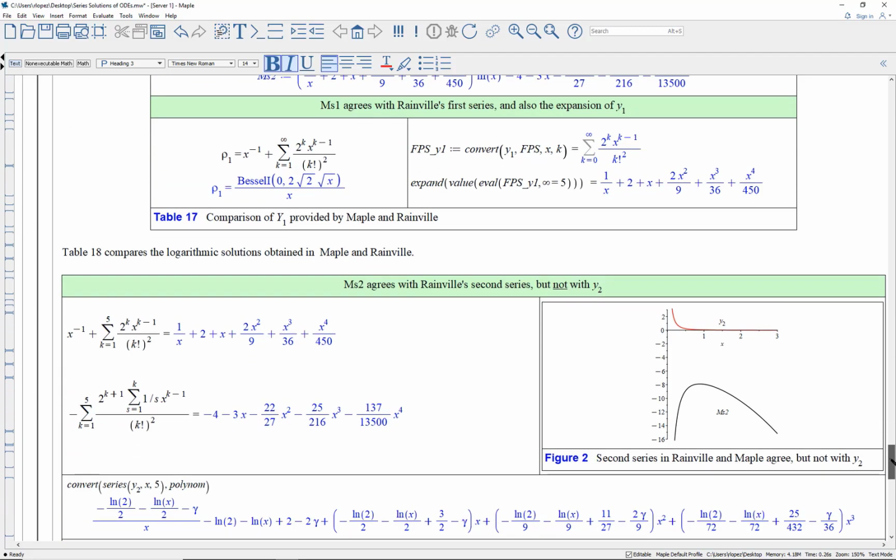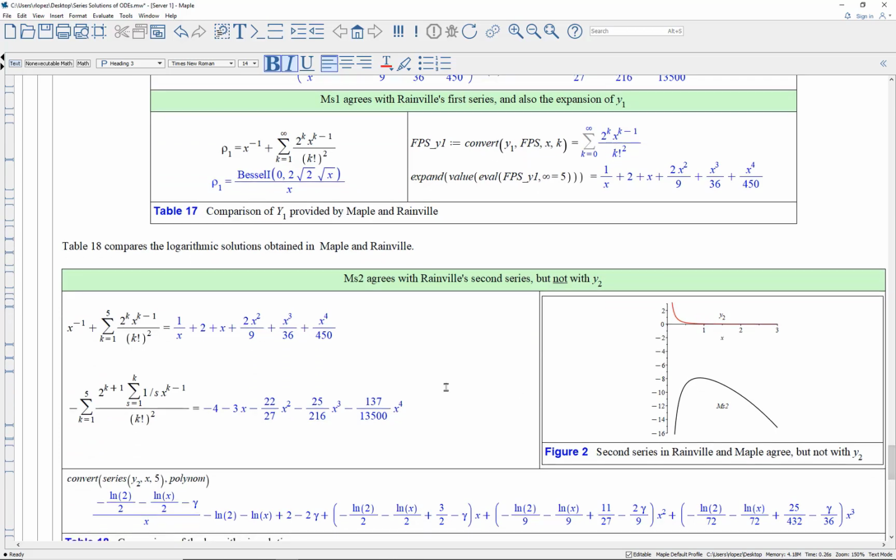I tried to do the same thing with the second solution, the logarithmic solution. This is the stuff Rainville produces. This is the stuff we reproduced in Maple, going one way, saying give me a series. But I looked at this graph. This is Maple's series for the second solution, for the logarithmic solution. And this is Maple when it says here's an exact solution. I was stumped by that for a while.